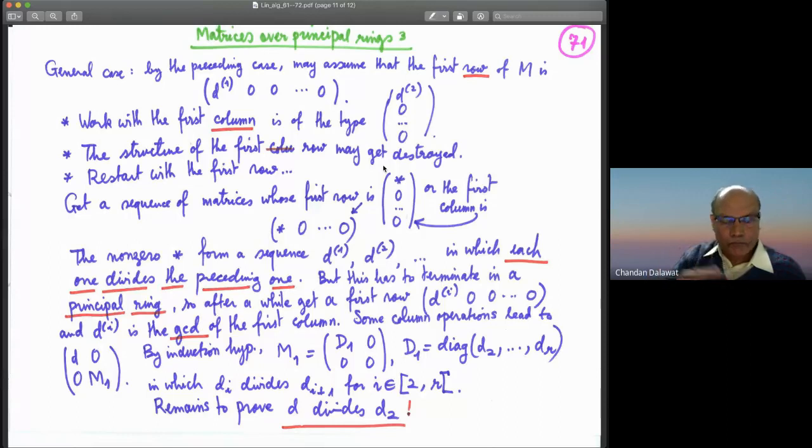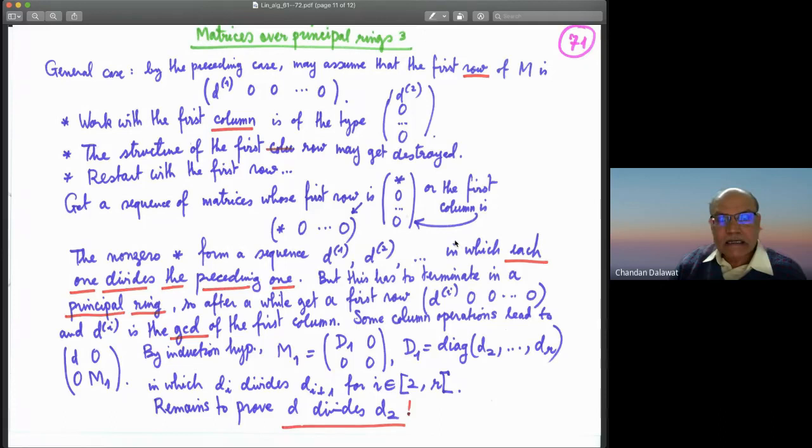So you modify your first row, then you go back to the first column, go back to the first row, etc. The top left entry is going to be a sequence of numbers in which each divides the preceding one. D2 is a factor of D1, D3 is going to be a factor of D2, and so on.